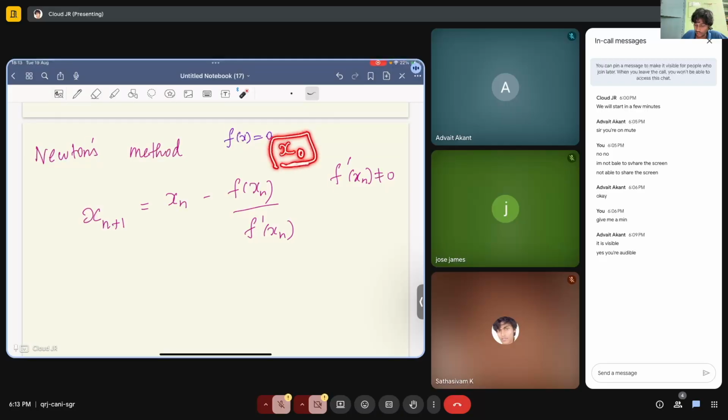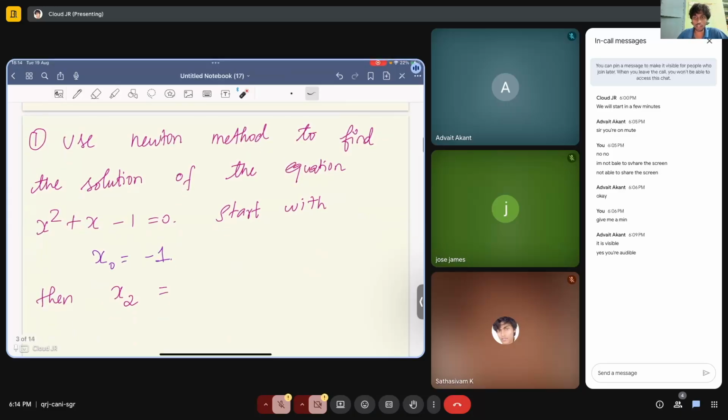This is your starting point. You just change it a little bit, and then you apply the method again. There may come a time that this can be 0, but whenever such a thing happens, you just change the x naught you start with. Maybe put x naught plus some a, change it a little bit, and then you can continue.